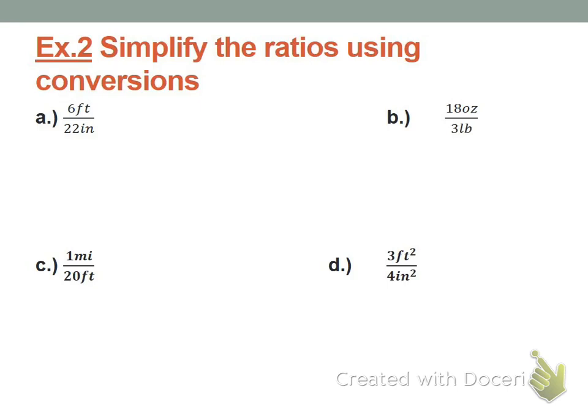Now, one note I will make here is that we want to always use the smaller unit or keep the smaller unit. This will help us stay consistent and not run into any weird decimal inside a fraction kind of issues.